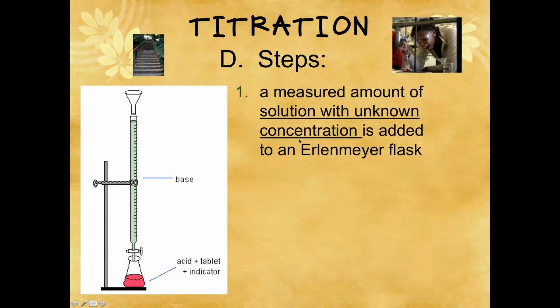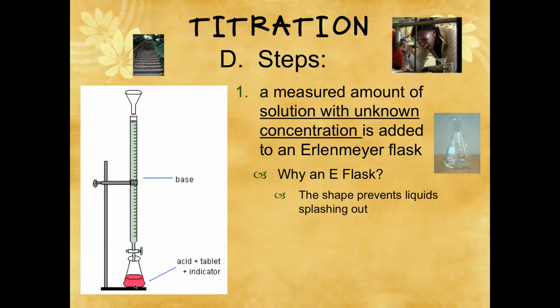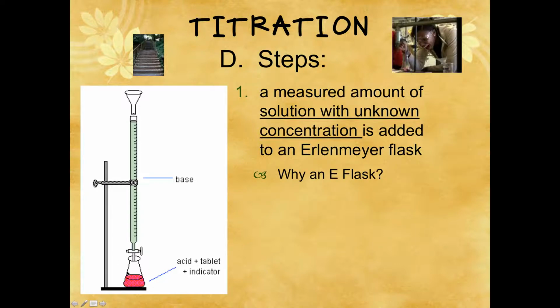So when you're doing a titration, you start by measuring out the solution with the unknown concentration, and you put it in an Erlenmeyer flask. Now, I do want you to think a little bit about why an Erlenmeyer flask. An Erlenmeyer flask, remember, has a specific shape. It's different than a beaker. So why do you think this shape might be better?